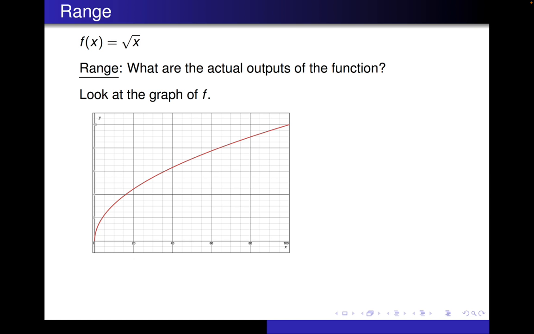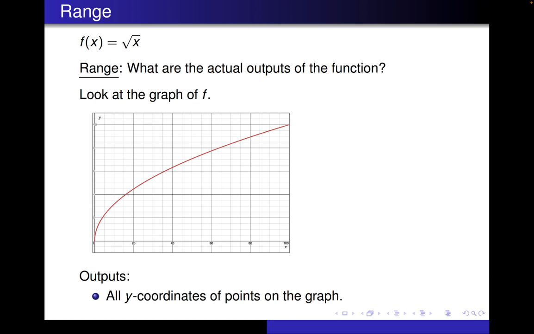And remember, when we are graphing points, the x-coordinates of the points on the graph, those are the inputs of our function. The y-coordinates of the points on the graph, those are the outputs of the function. So if we're looking at the outputs of our function, that's just going to be the set of all the y-coordinates of points on the graph.